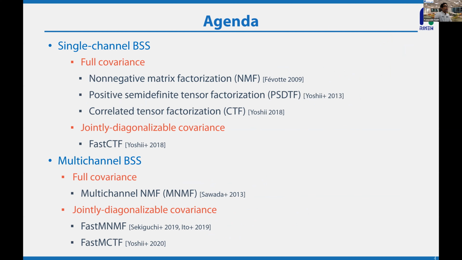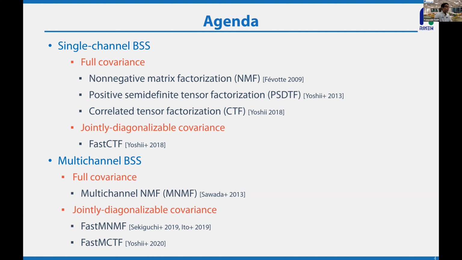There are two major approaches to single channel BSS. One is full covariance modeling. The other is joint diagonalizable covariance modeling. And then, based on the technique developed for single channel BSS, I will introduce multi-channel blind source separation methods.